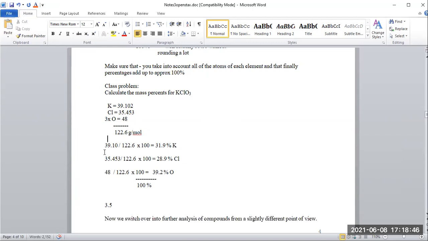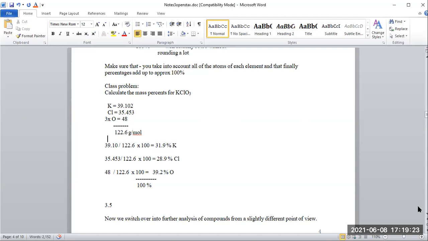I put each of my individual element totals over the molar mass, multiplied by 100. This one actually had more, I'll call them more similar values. I've got 31.9 for my potassium, 28.9 for my chlorine, 39.2 for my oxygen. It all basically totals up to about 100%.